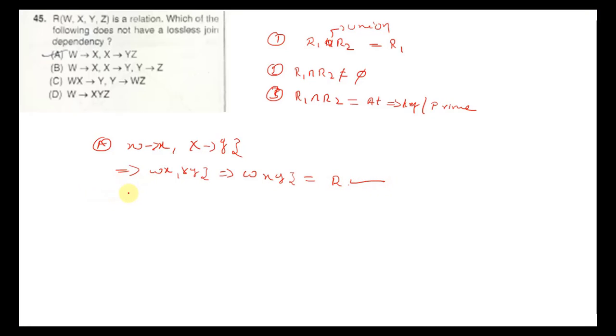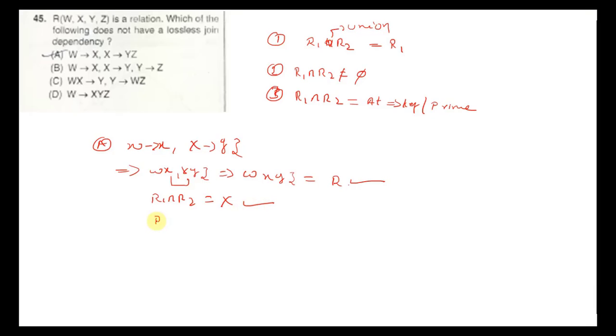See the next condition, R1 intersection R2. R1 contains wx and R2 contains x, y, z. Here the common attribute is x, so it is not equal to null. It has at least one attribute, so the second condition is also true.